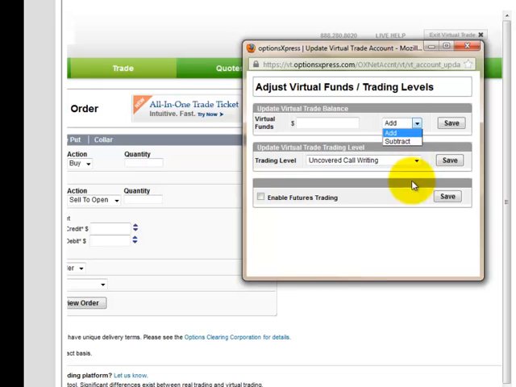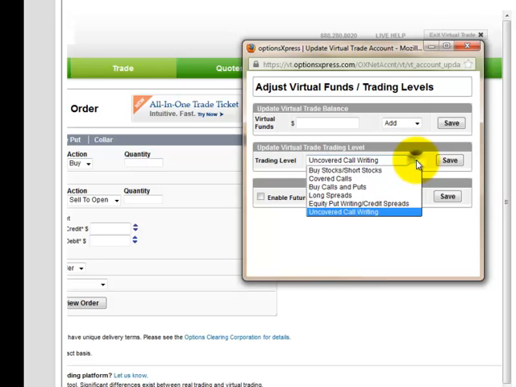Now you can see here that also we've got our trading level. So if I click here, we've got trading level 1, which is just basically buying and selling stocks or shares. Level 2 is covered calls. Now, level 3 is just buying the call or put options without having bought the shares, and that's so that we can trade speculatively.